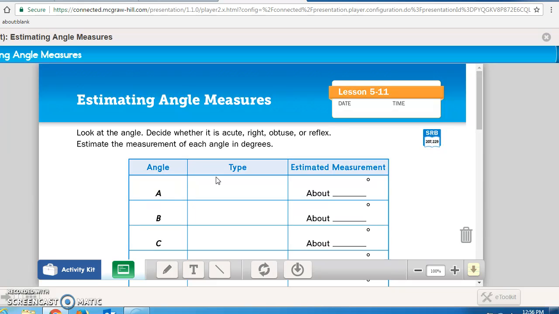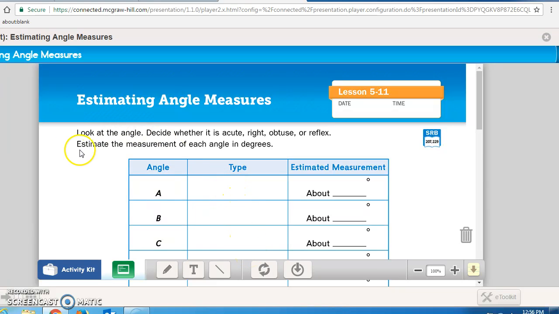Now I am going to read the directions on Math Journal page 183, and it says, look at the angle. Decide whether it is acute, a right angle, an obtuse, or a reflex. That's what's going to go under the type. One of those words, either acute, right, obtuse, or reflex.